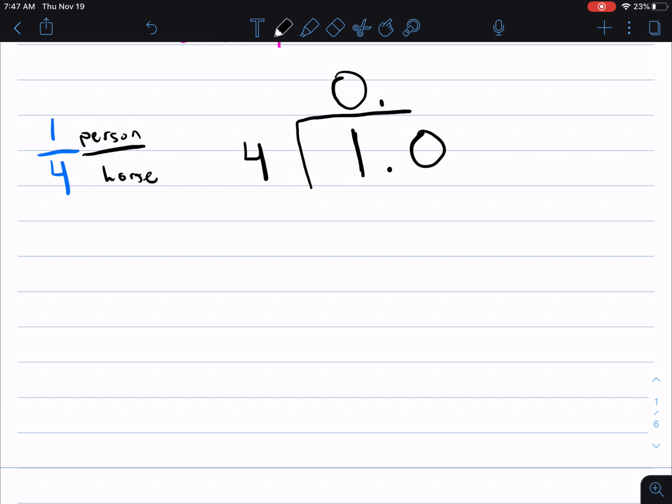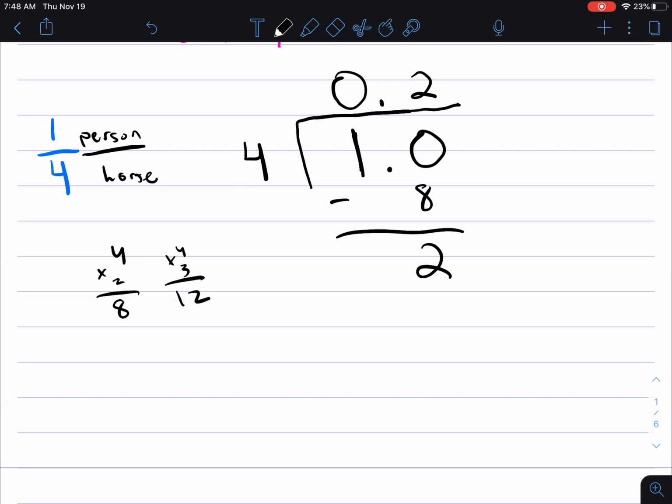I add 2 points. Here is 0. 4 into 10. 4 a 10. If you do not know, use your times tables. Hagan sus tablas. 4 times 2 is 8. 4 times 3 is 12. So 2 times, dos veces. Mine is 8. This is 2. I add another 0 and bring it down. 4 times 4 is 16. 4 por 5 is 20.